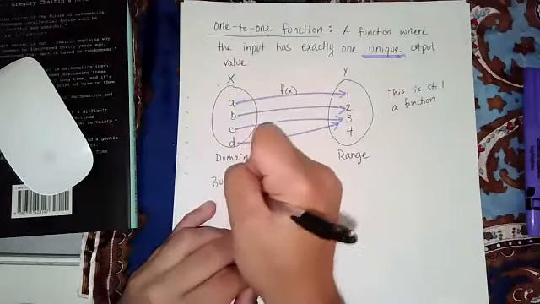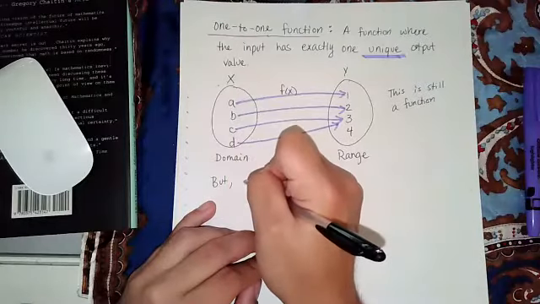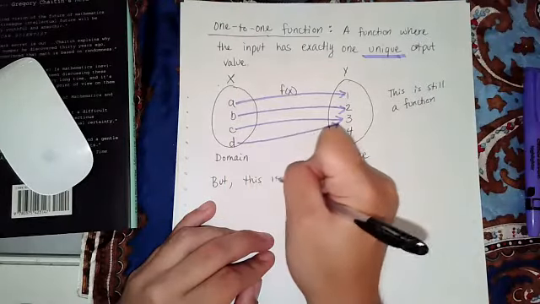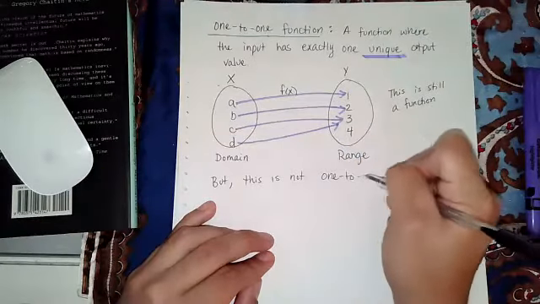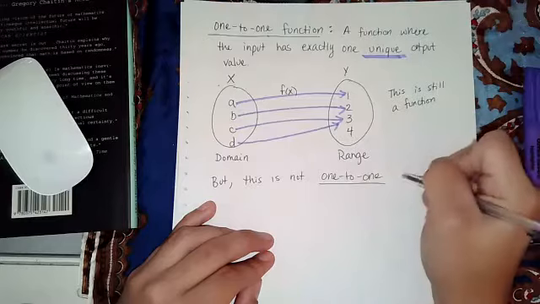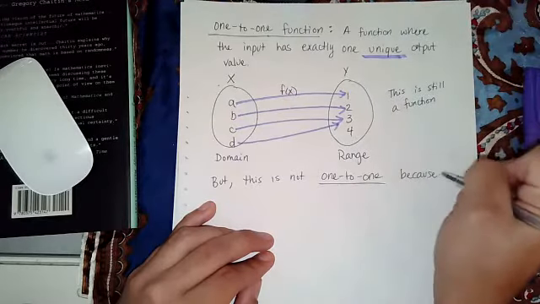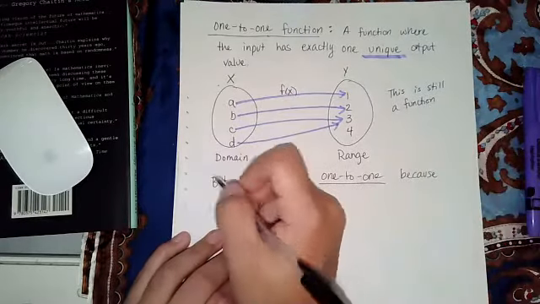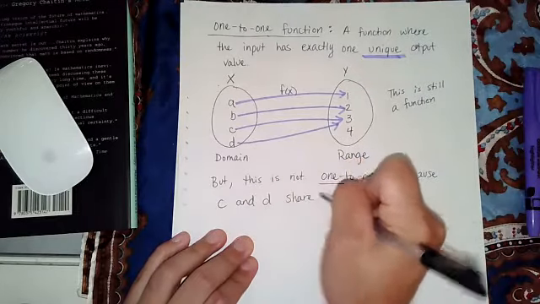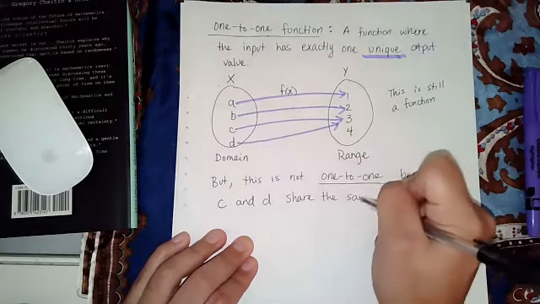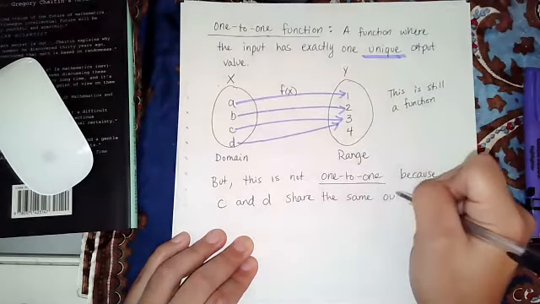But we would say that this is not one-to-one because c and d share the same output.